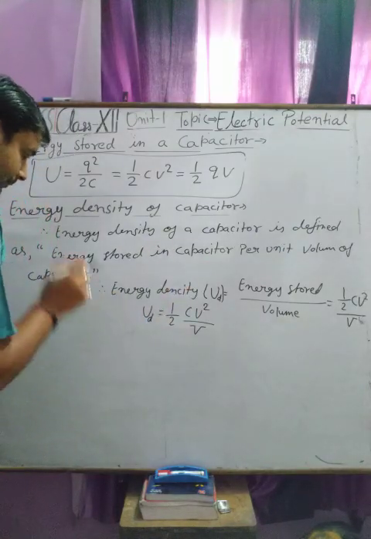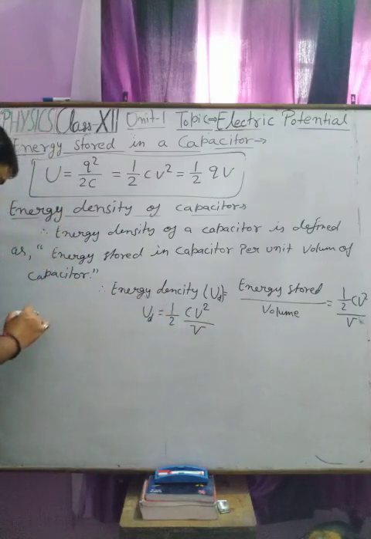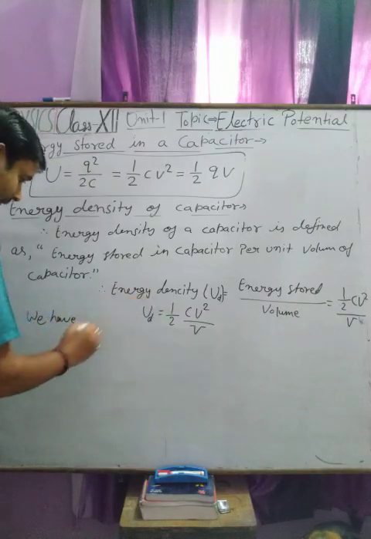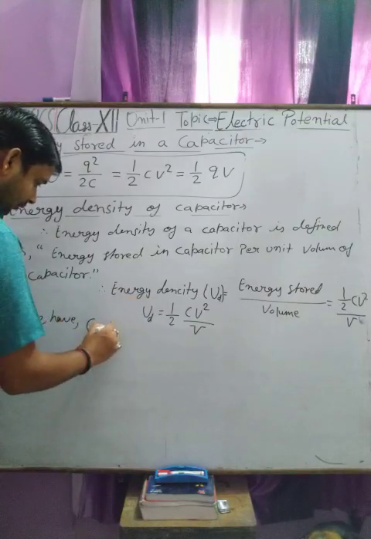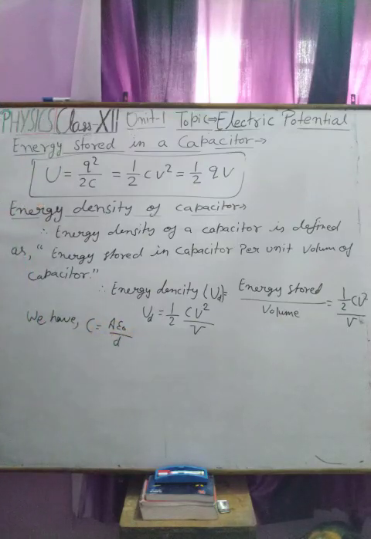Now we have C is equal to A epsilon naught upon d. Clear student? Okay.